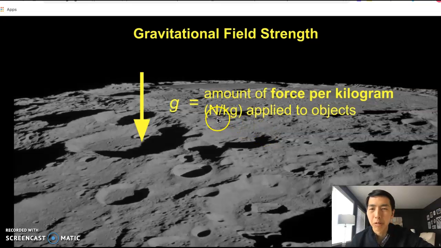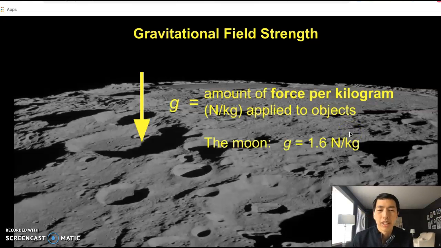The units of that would be newtons per kilogram, because force is measured in newtons, and it's force per kilogram. For the moon, that number turns out to be approximately 1.6 newtons per kilogram.